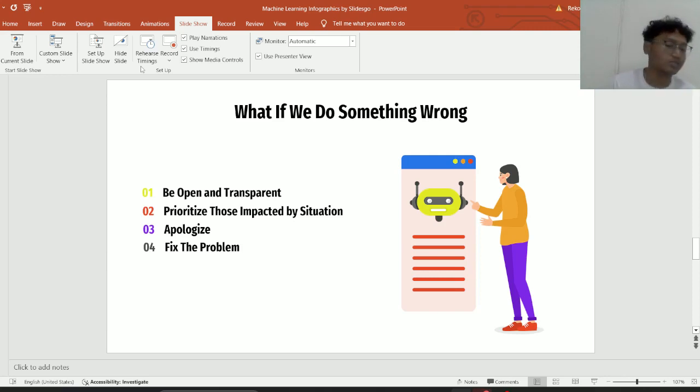Apologizing is the most important thing to do because after the mistake that we made, we must apologize. No matter what happened, always apologize. And the last one is to fix the problem. It's the most common basic thing that everyone needs to do. After apologizing, we need to fix the problem to make sure that we don't do it again.